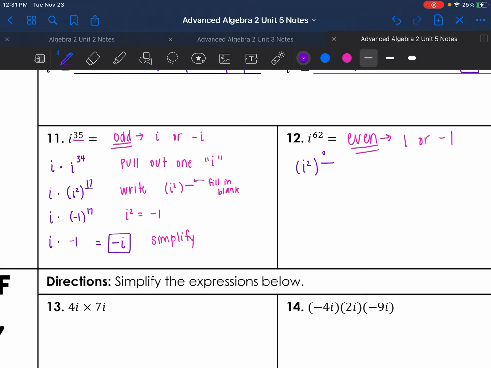It's going to have to be 31, because 2 times 31 gives us 62. And we know that i squared is -1. So -1 to the 31st power is -1. And that's your final answer.